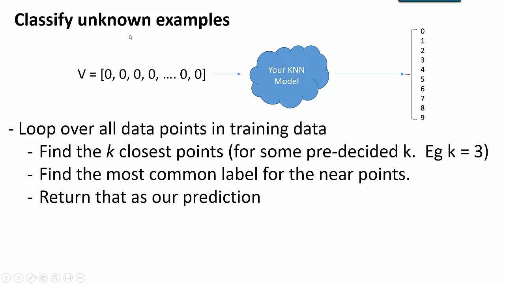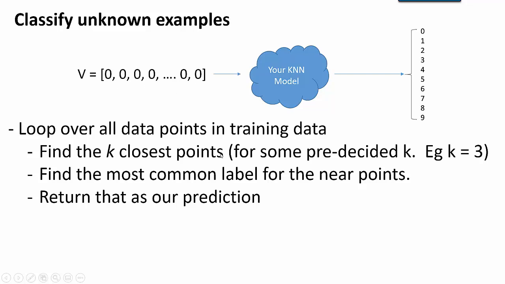And the way we're going to classify an unknown example, a new input, is we're going to loop over all of our saved training examples, and figure out which of them are the closest in space to the one that we are trying to classify. Because we know for our training examples what the actual labels are, like let's say k is 3, we'll find the 3 data points that are closest to this unknown one.